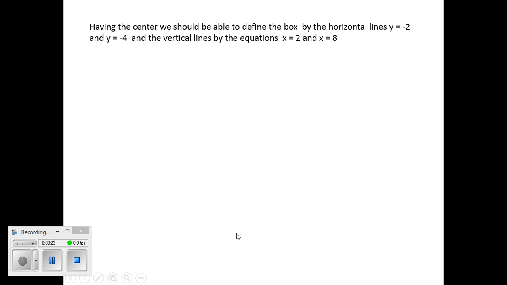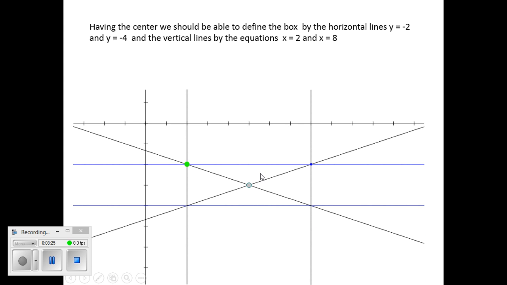So the center here is at 5, negative 3, 1 unit above and below puts us at negative 2 and negative 4. 3 units left and right puts us at x equals 2, and vertical line x equals 8.